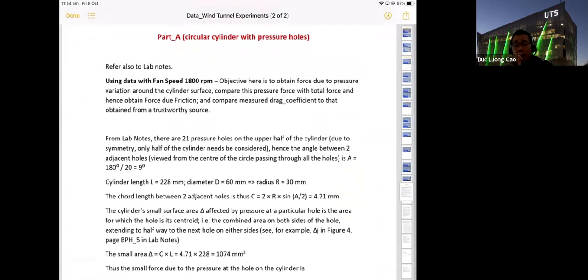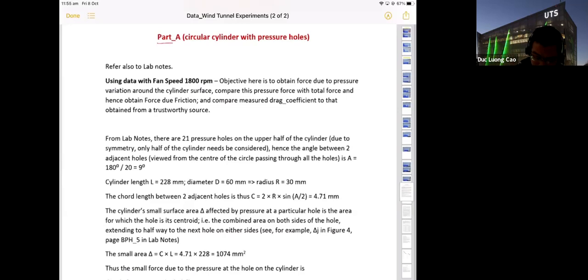And as I remember, you have to submit the lab reports on week 11. So maybe you can have a look at this to know how to find drag coefficient and drag force, because if you wait until week 11, maybe there is not enough time to finish the report.